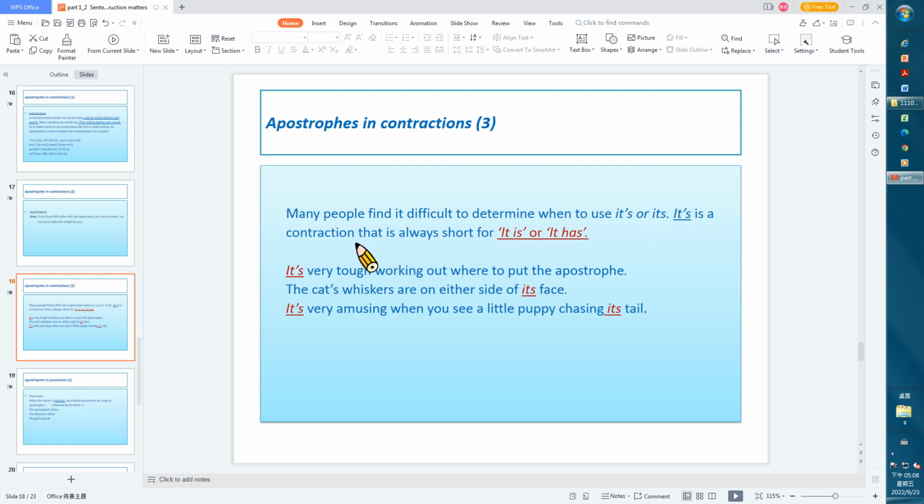It's is a contraction that is always short for "it is" or "it has". It's very tough working out where to put the apostrophe. The cat's whiskers are on either side of its face. It's very amusing when you see a little puppy chasing its tail.